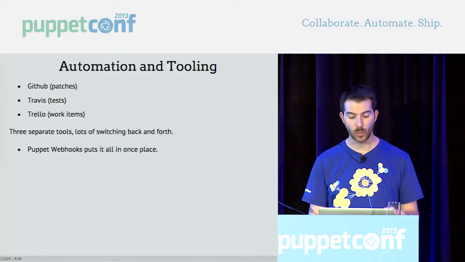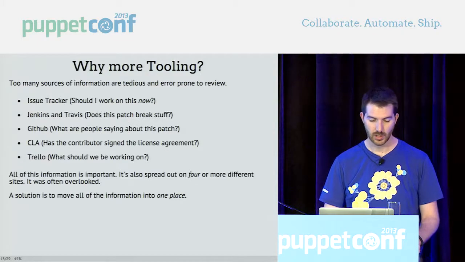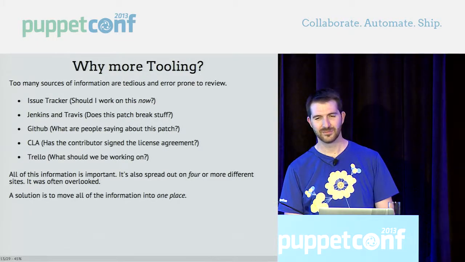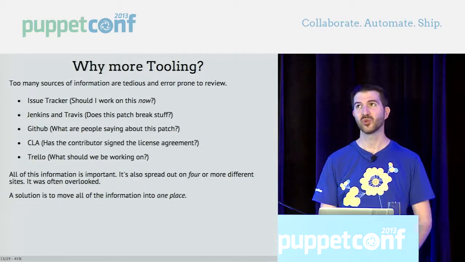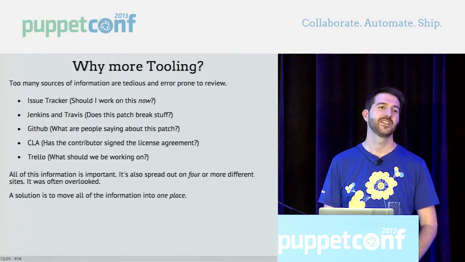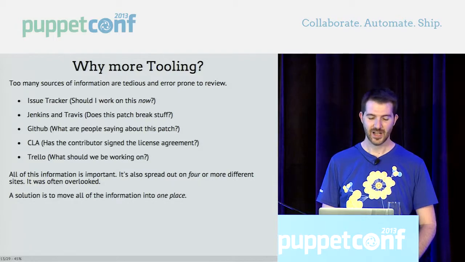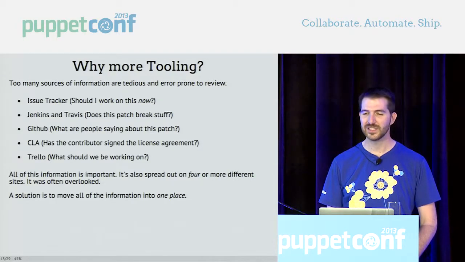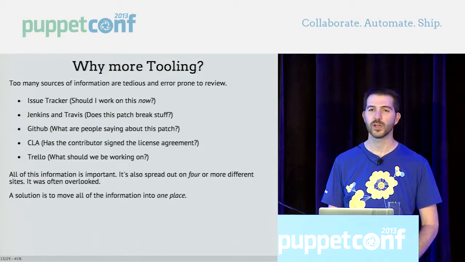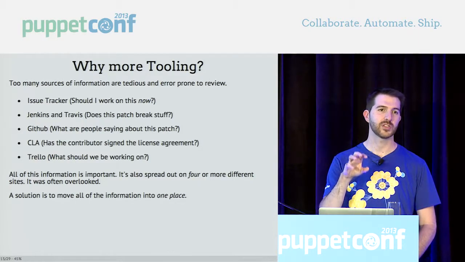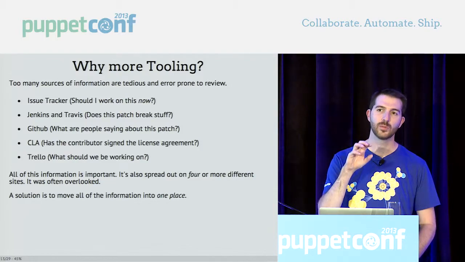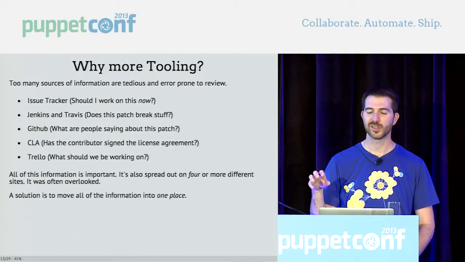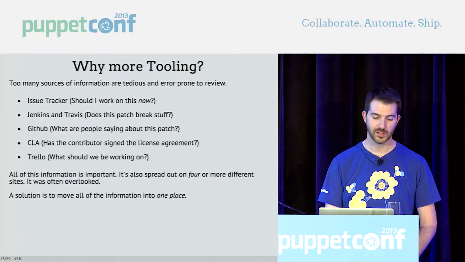So that's where Puppet Webhooks comes in. It's a Heroku app. But why add one additional tool if we're already suffering from too many tools? The idea was we had too many different sources of information, so we wanted to get all of the information that was critical to merging that community contribution or somehow bringing it to a clear resolution in only one place.